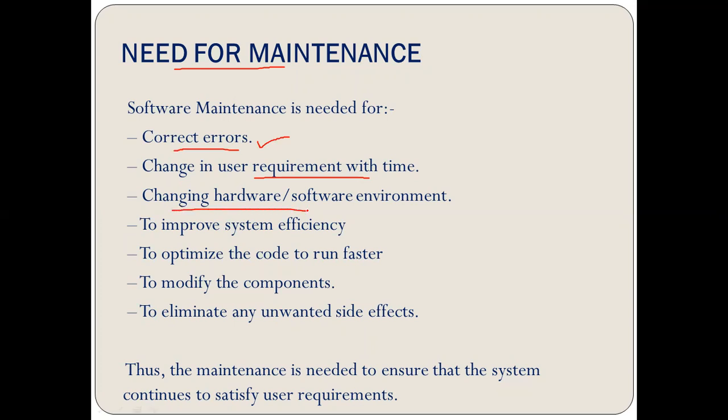Changing hardware and software environment: the changes in the hardware and the software have to take place to improve system efficiency. Now you see, this improved system efficiency comes from where? It comes from the term that performance has to be improved or optimization has to be done, right?